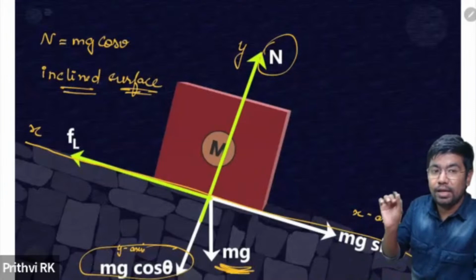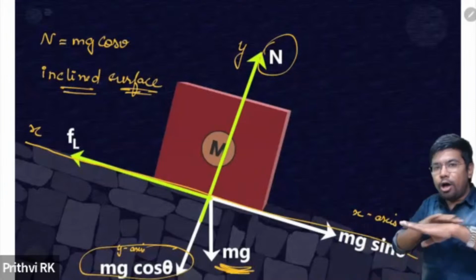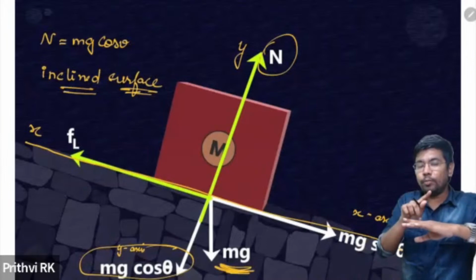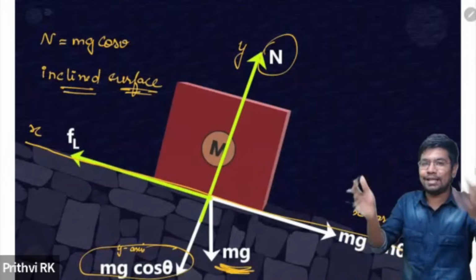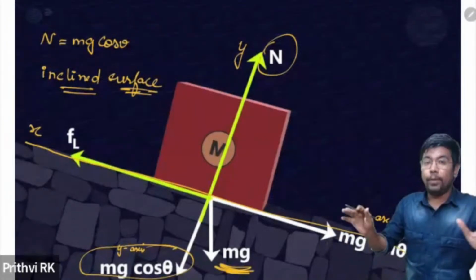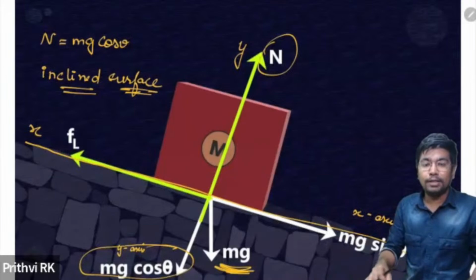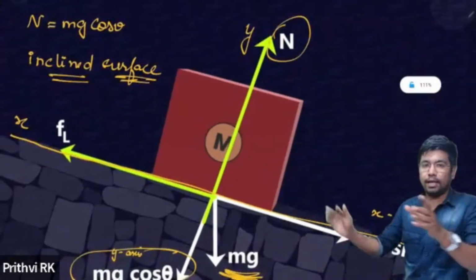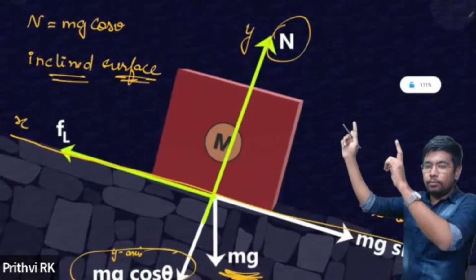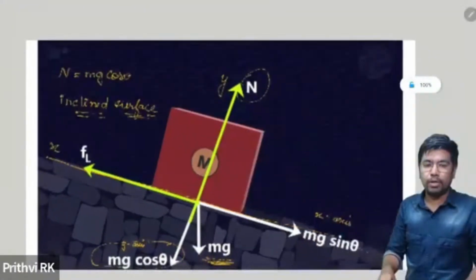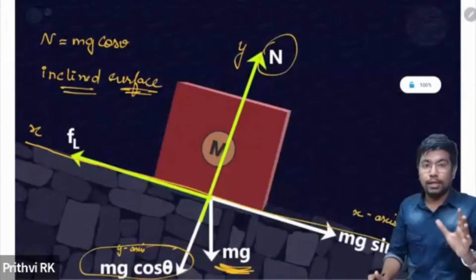Remember this very, very well. In a flat surface, normal will be equal to mg, just like last time I taught you. But if it is an inclined surface, then normal will be equal to what? Mg cos theta. You can look at the diagram also here. Normal is upward. It is equal and opposite to mg cos theta.